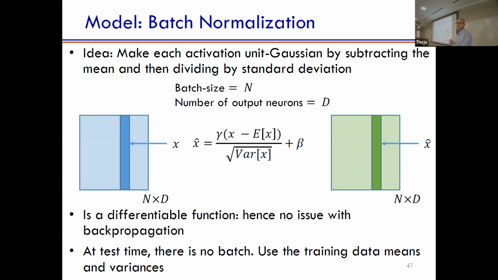On the left side is an illustration of the batch, where each row corresponds to either the feature vector itself or some activation corresponding to that feature vector. So each row corresponds to an example. If my batch has 64 examples in it, then the number of rows in this matrix is 64. This matrix is just an illustration.